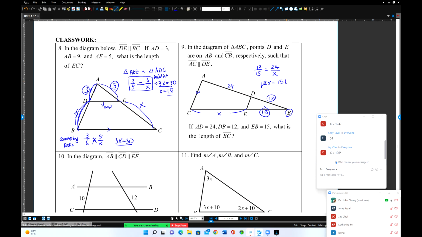I'm going to use 24, that is better, because we use the x over here. Divided by 12, this is 1, this is 2, which is 30, right? x equals 30. But we're going to find BC altogether. So 30 plus 15 equals what? 45 is the answer, okay? The length of BC equals 45.